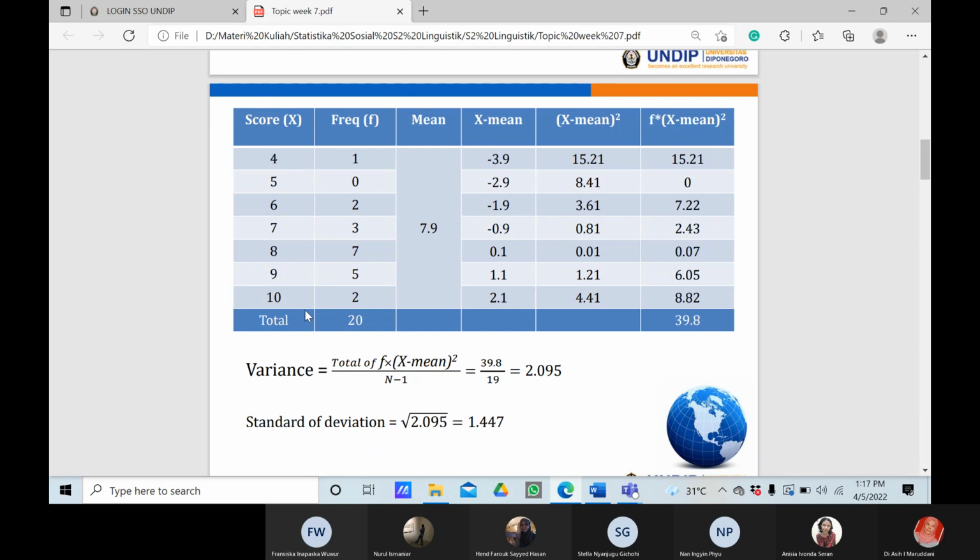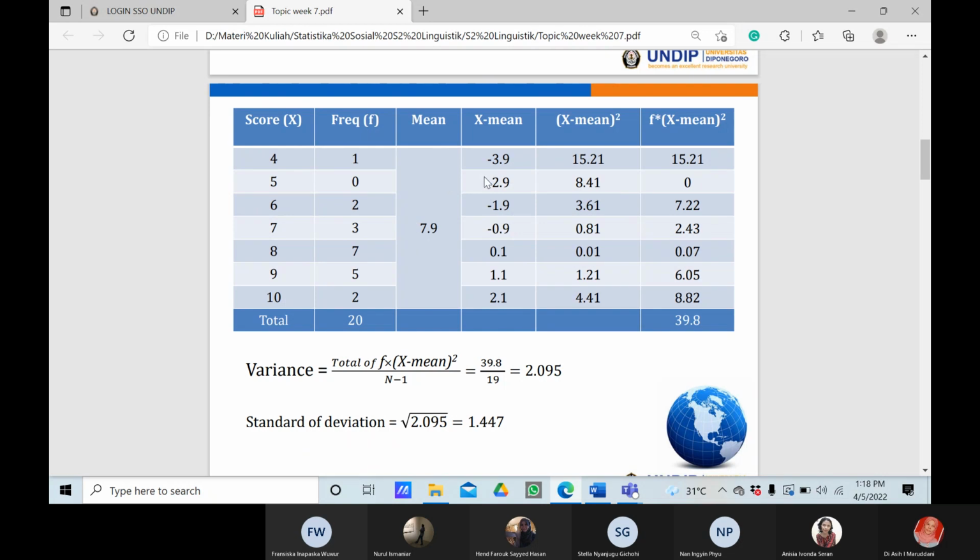From these two columns, from the standard frequency distribution, this is the score and frequency, and you have to add a column with the mean. Of course, all rows have the same mean, which is 7.9. Then I just write down here just one value, 7.9.